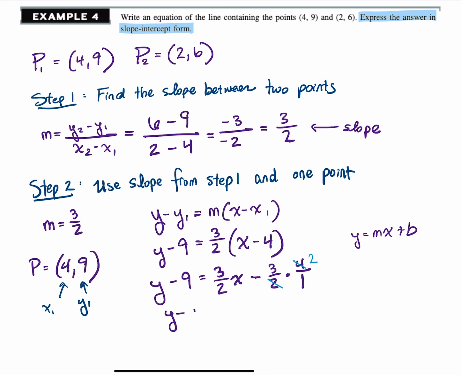Let's write that out. y minus 9 equals 3 over 2x minus 6. Now we just need to add the 9 over. So y will equal 3 over 2x. We have 9 minus 6. Yeah, so that will be positive 3. Now we're in slope-intercept form.